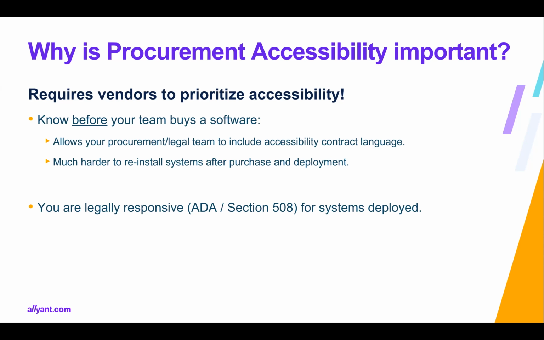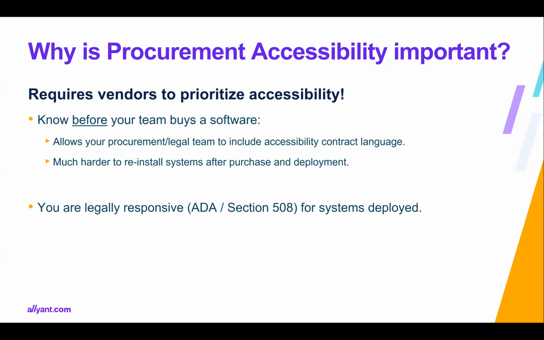You then deploy that software, and at that point, either through an internal accessibility team, a customer complaint, or in extreme cases a lawsuit, you find out that product or software is not accessible. The challenge then is it's much harder to pick a new vendor and reinstall the system after you've purchased and deployed it. It's a lot harder for procurement or legal to go back and say, hey, we want accessibility contract language in. In fact, it's too late, right?